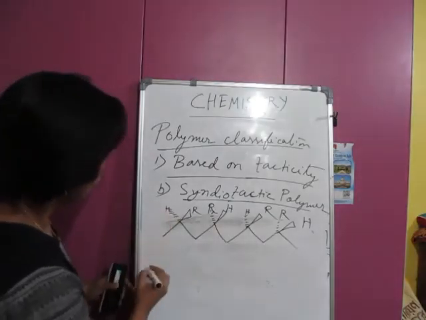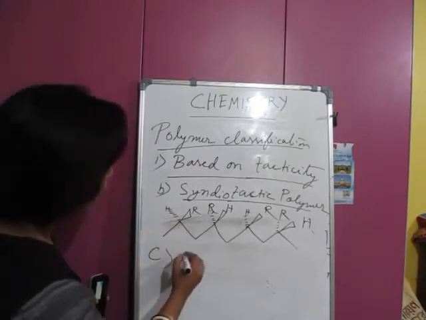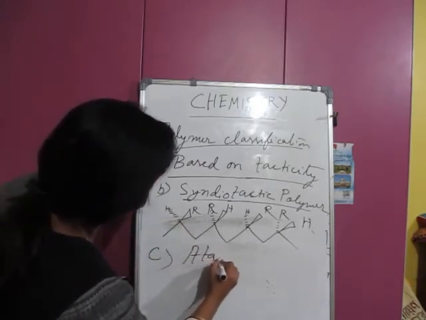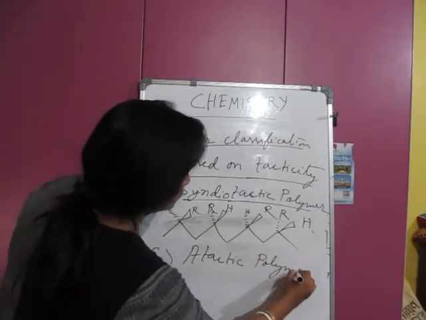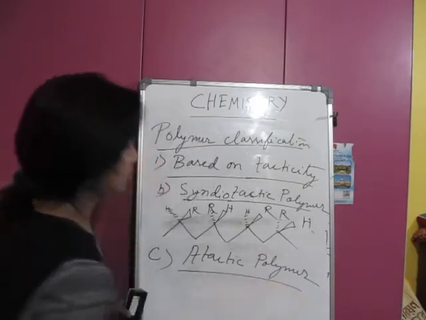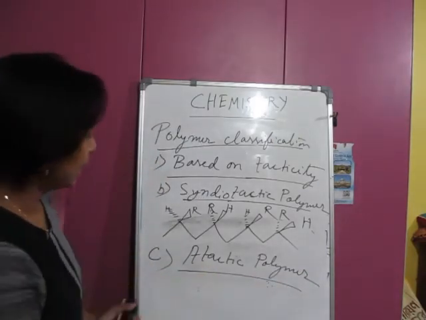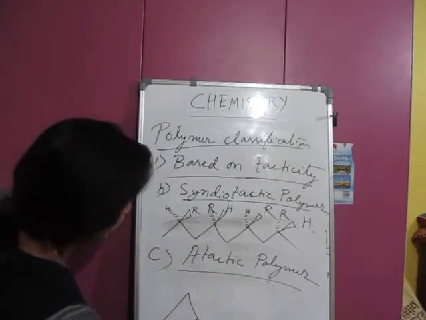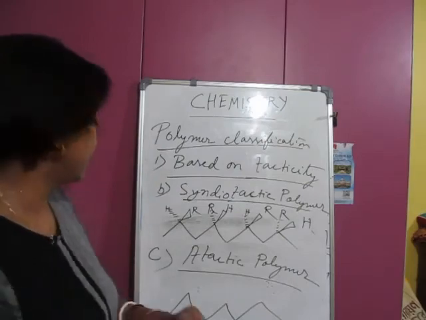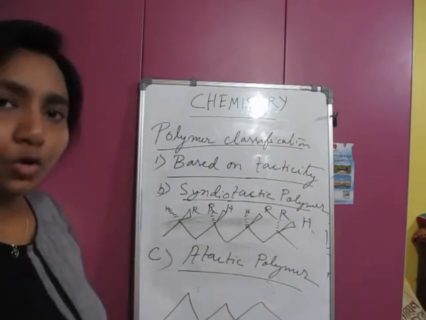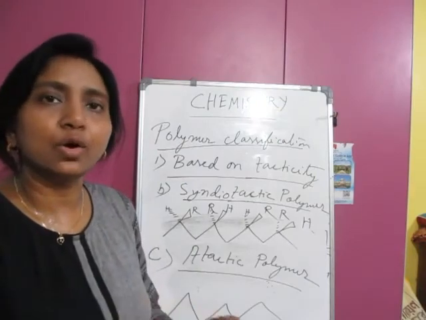Next is number C, that is the atactic polymer. What will be the arrangement? It will be randomly fashioned, that means there are no rules. It is not alternate or similar fashion, there are no rules.